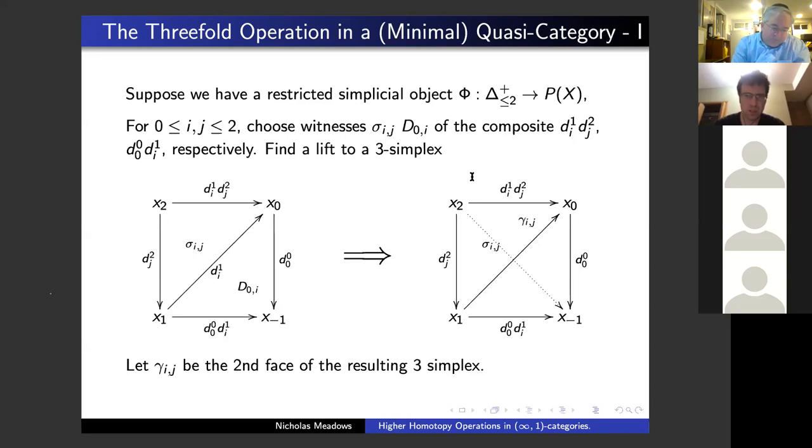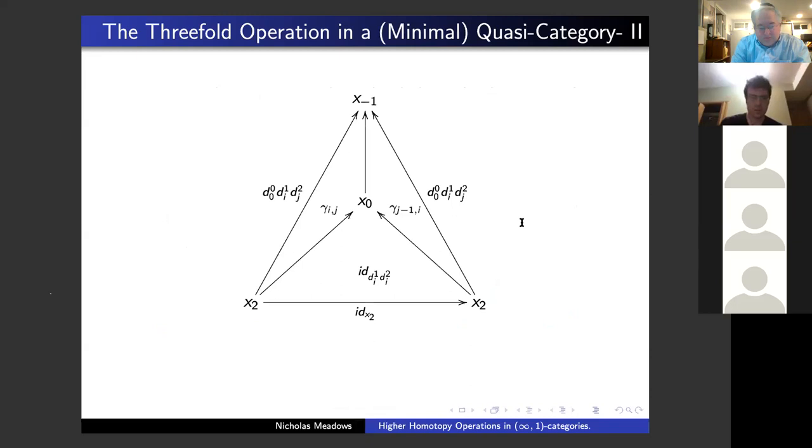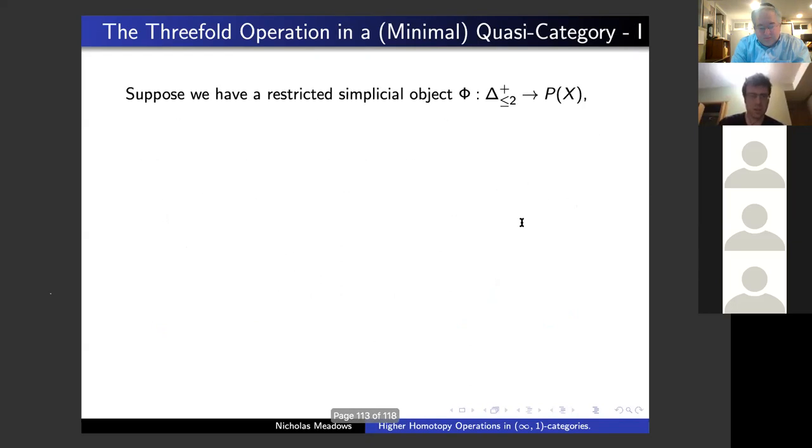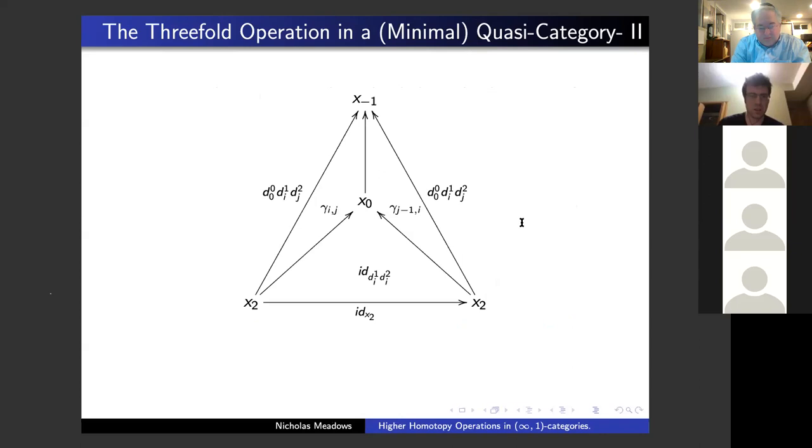Is there any question about this particular diagram here? Okay, so we get the back face of this, gamma_ij. We get these gamma_ij, gamma_{j-1,i}, and then we have a degenerate face.